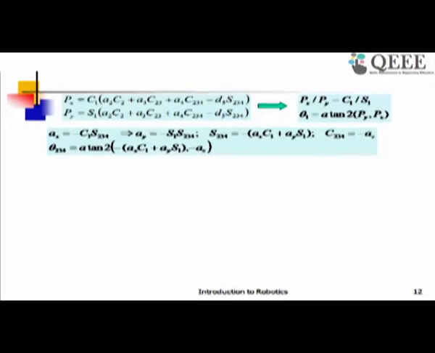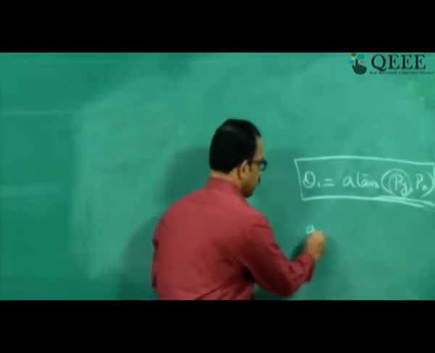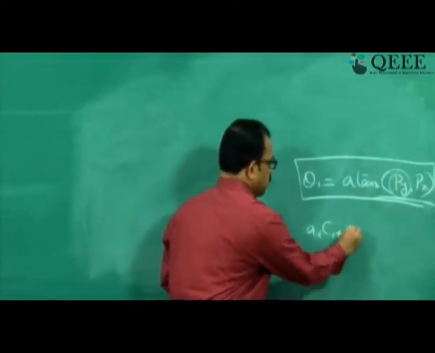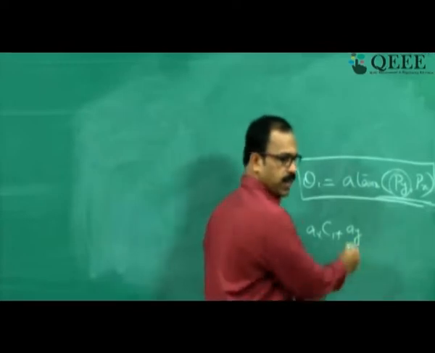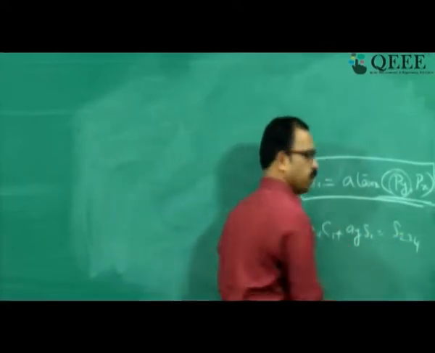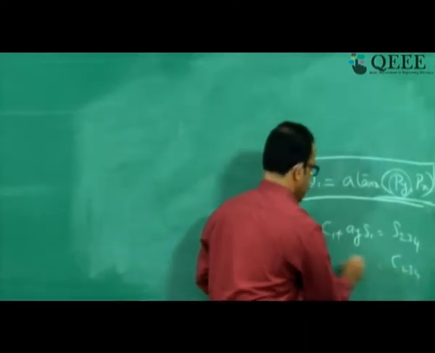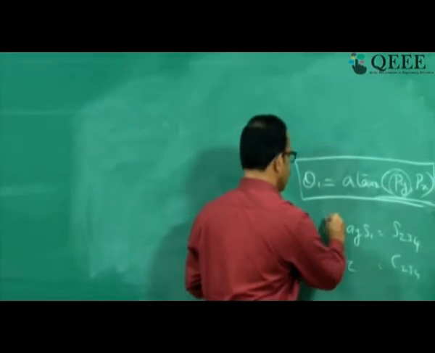So using Ax and Ay, we can write Ax C1 plus Ay S1 is equal to minus S234, and C234 is already there as minus Az.